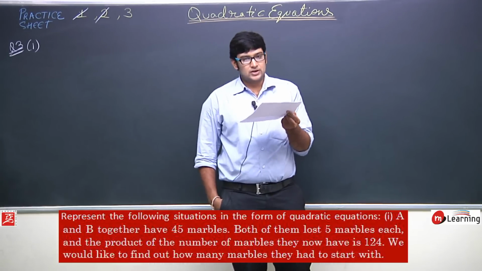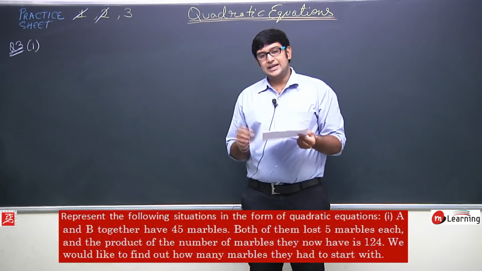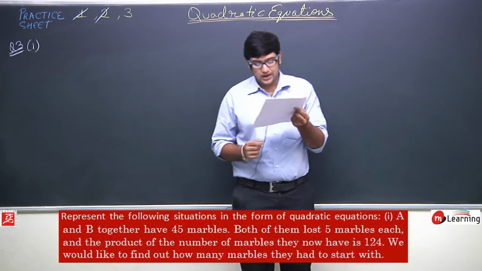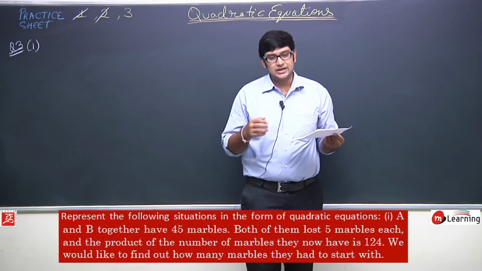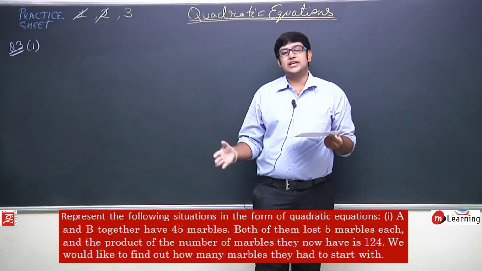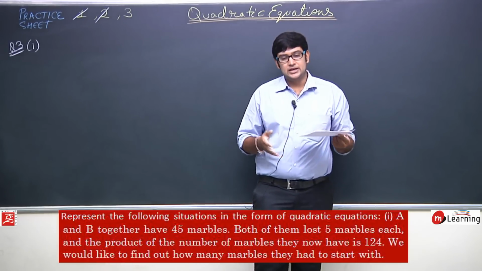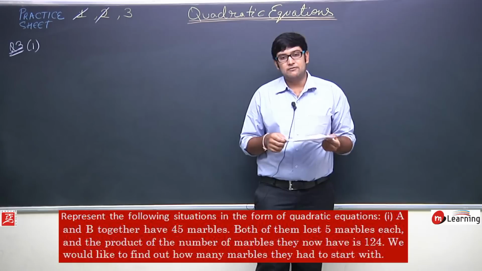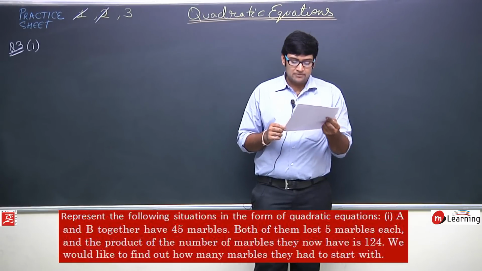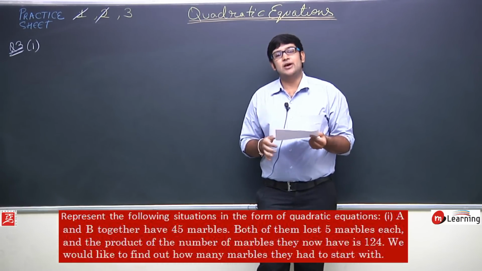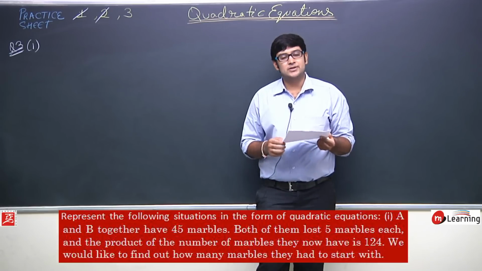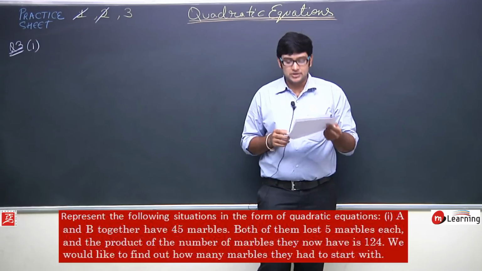Okay, so here is a practical problem where A and B are two persons. The two persons together have 45 marbles. It means the number of marbles with A and the number of marbles with B in total is 45. Both of them lost 5 marbles each, so A lost his 5 marbles and B lost his 5 marbles.